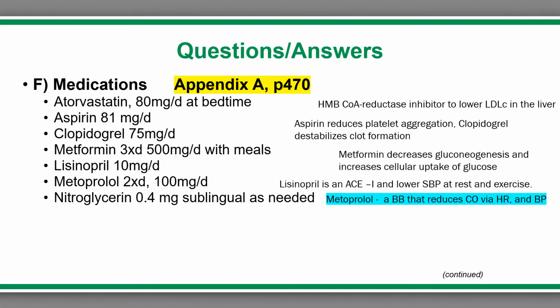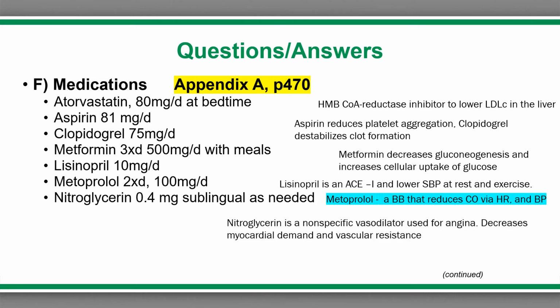It reduces blood pressure via heart rate response and also blood pressure. So cardiac output is heart rate times blood pressure. So the cardiac output can be decreased during exercise or at rest. And we know that there's an inotropic and chronotropic effect of that beta blocker. And we need to know that when we do an exercise test.